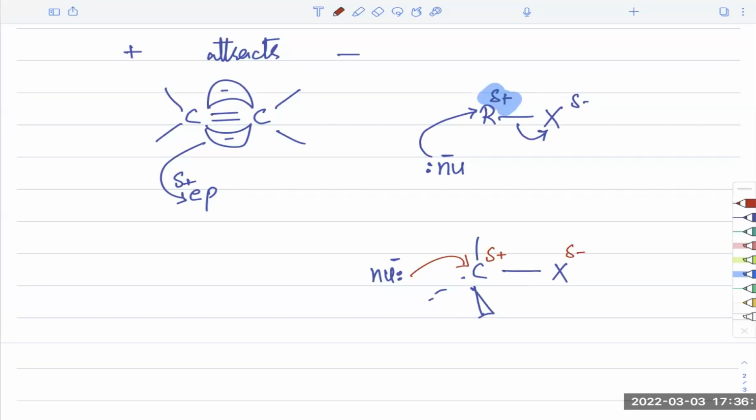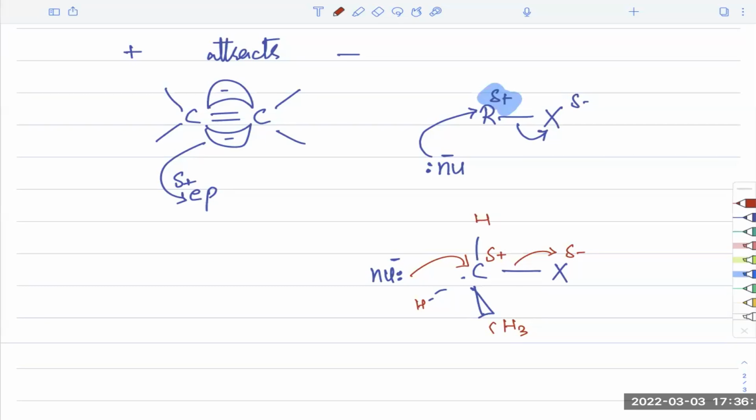If this carbon is joined with small atoms like hydrogens or one methyl, like there's one methyl here and the other is just hydrogen, it is a primary carbon, then it's really easy to approach. The nucleophile just comes and attacks it from the opposite side of the negative. When it comes close, these electrons are pushed towards the halogen, and so the reaction begins.